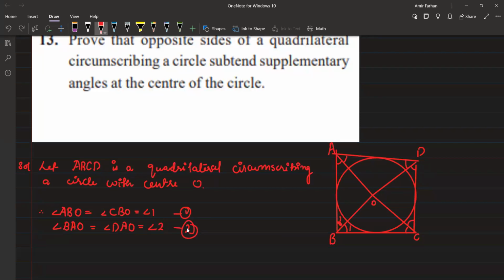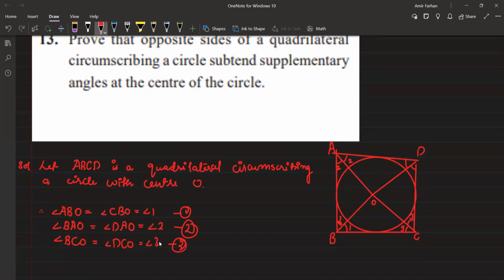Clear? Angle BCO and angle DCO is 3 and 3. Suppose this is your equation number 3.